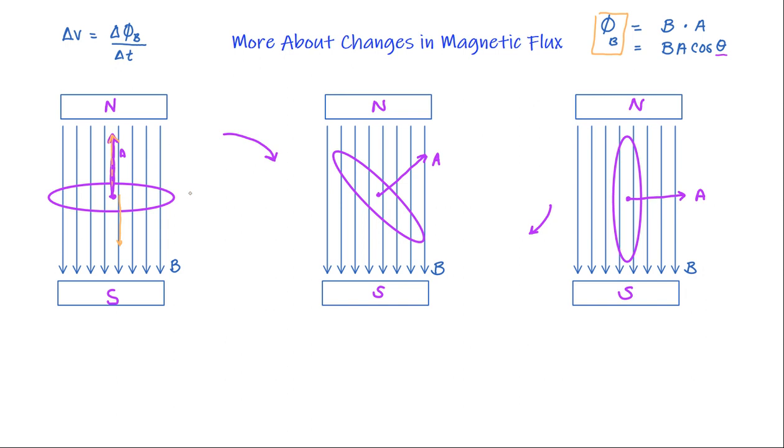So we would say there's 0 angle between the two. A lot of students will think, well, I see that as 90 degrees because I see this flat face and it's perpendicular to the field lines. But remember, we're measuring from the area line, not from the face of the hula hoop.